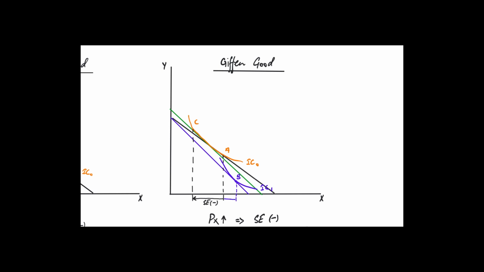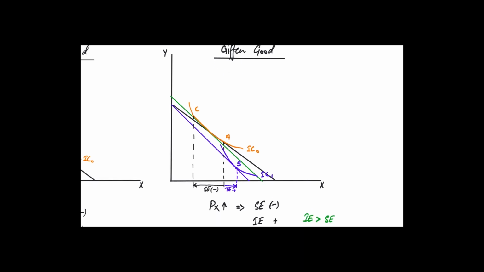A to B, from here to here, shows my total effect, which is actually positive. But from C to B, I have a large income effect, which is going on the plus side.